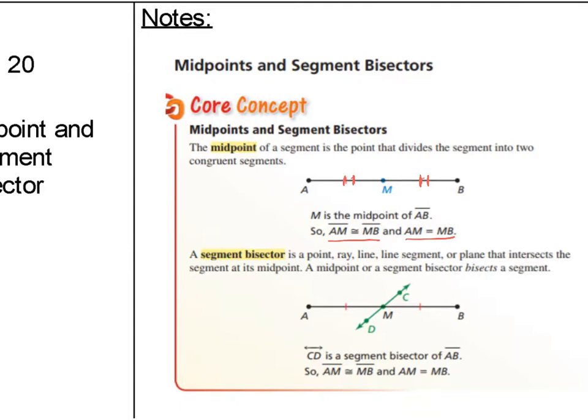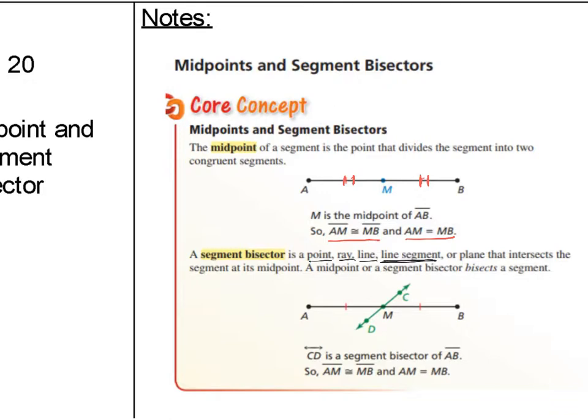Okay, great. So what are segment bisectors? The important thing that you need to remember about a segment bisector is that it can be a number of things. It can be a point, it can be a ray, it can be a line, or it can be part of a line segment, and it intersects a line segment at its midpoint.